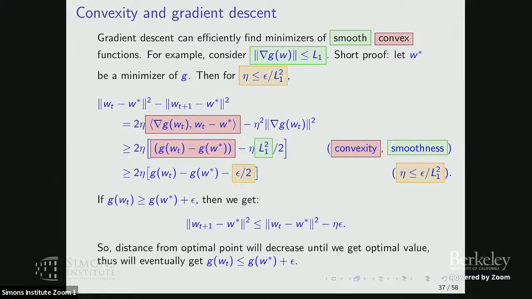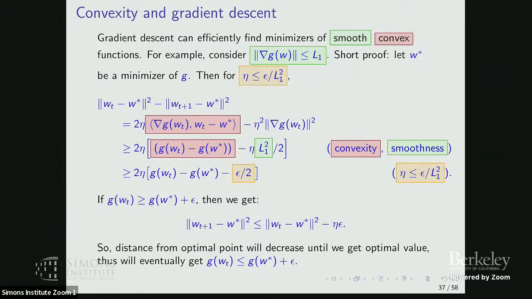If we rearrange this inequality, then what we're left with is that every iteration where the function value is at least epsilon bigger than the global minimum value, the distance at time t plus 1 to W star is eta epsilon smaller than the distance it was at time t. This is true for every time t where we have a function value that's bigger than the global optimum value plus epsilon. And this is always a non-negative quantity, since it's a norm squared.